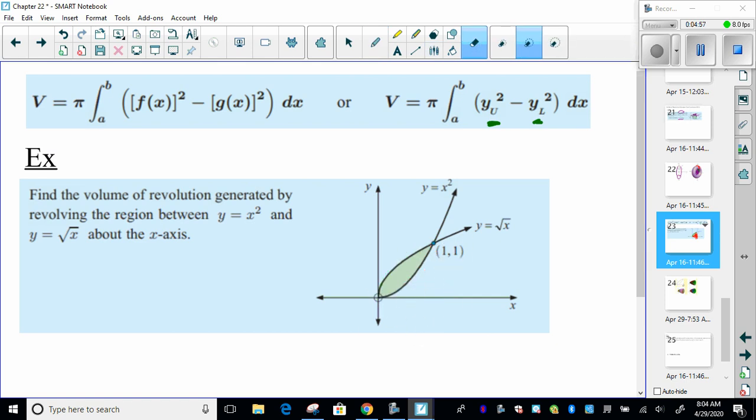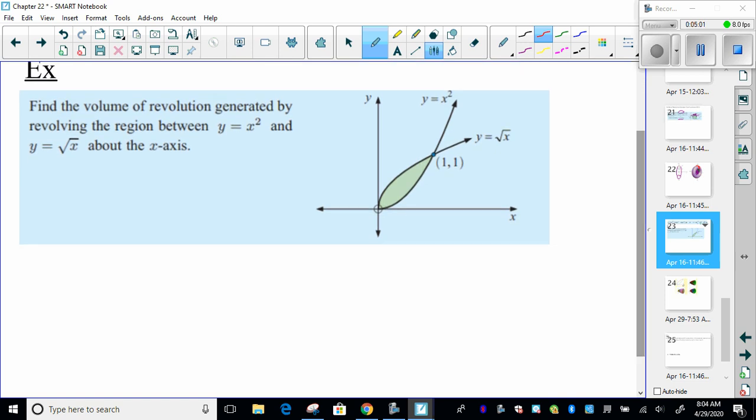Okay, so therefore, just like before, we are going to integrate from 0 to 1. And then, remember, it's pi r squared h as h approaches 0. So therefore, pi goes outside. What I'm going to look at is the radius of my upper.